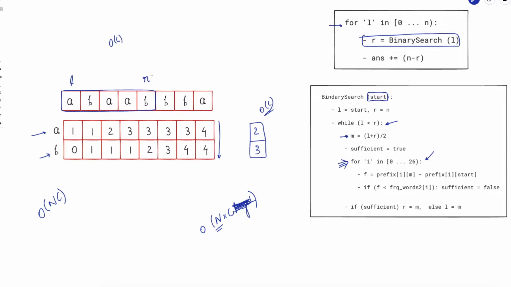Now once I reach this point, I will simply increment my answer by n minus r, right? Now I will increment my L. Once I increment my L, I will check whether this is a valid one or not. If it is, I found my r and I will simply increment my answer with n minus r. Otherwise, I will increment my r and then increment the answer based on whether it is valid or not.